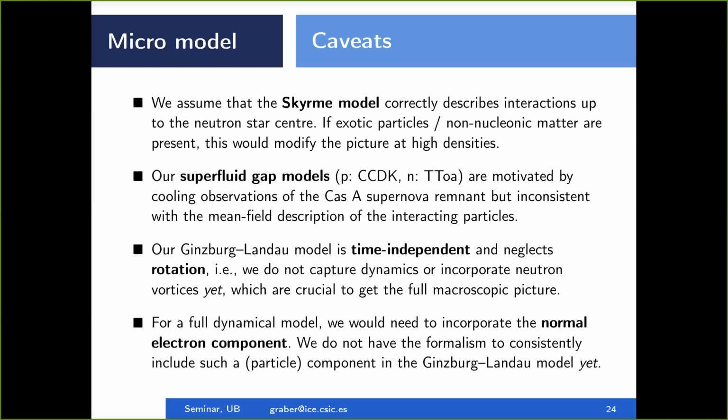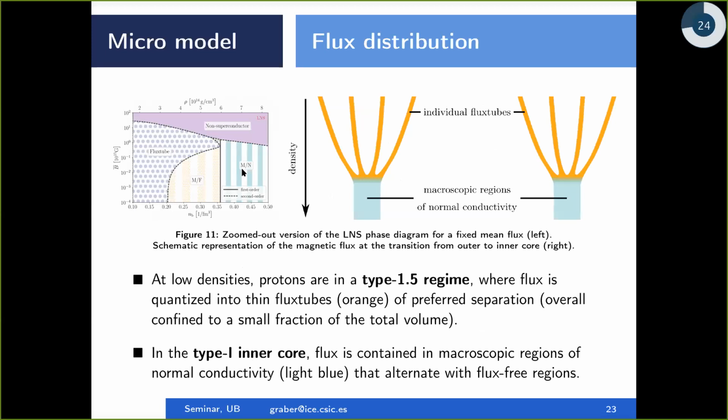Also, if you have other exotic particles or other non-nuclear matter states, this is not going to work. It's not quite exactly clear what's actually happening here. But I think this picture tells us that we should probably revisit some of our macroscopic models, a good hint for us to do this.